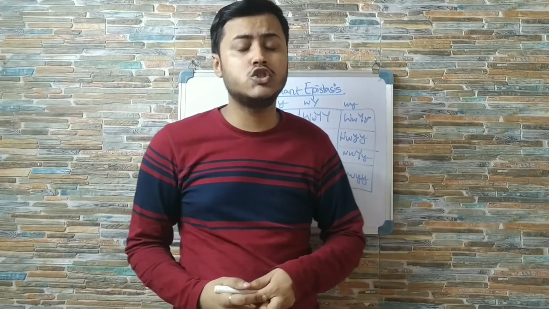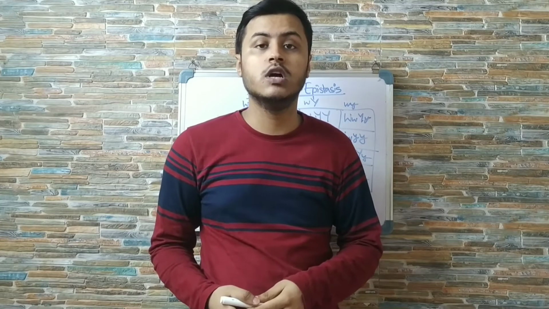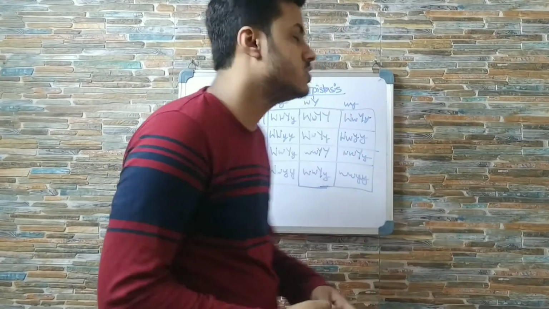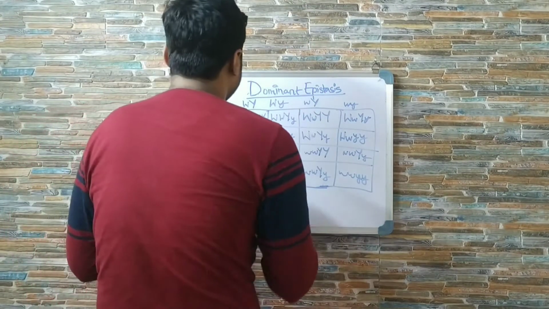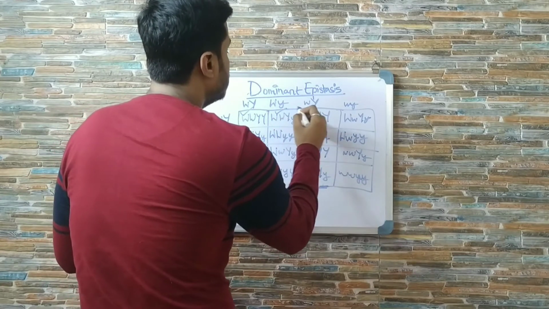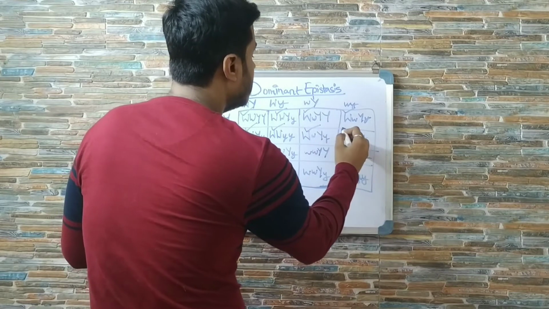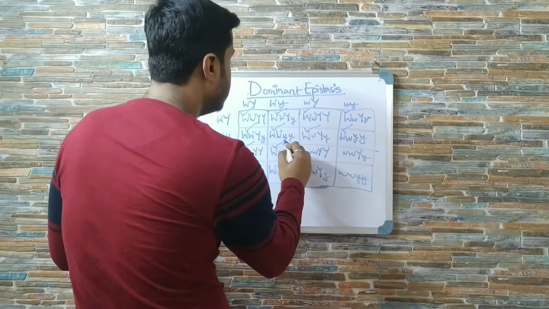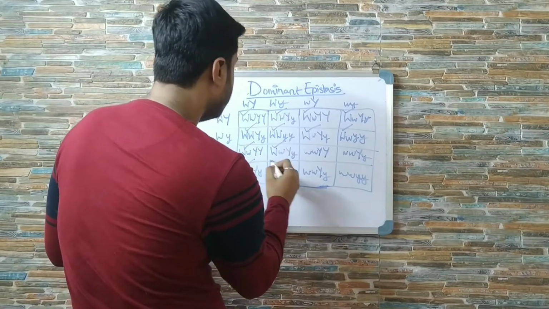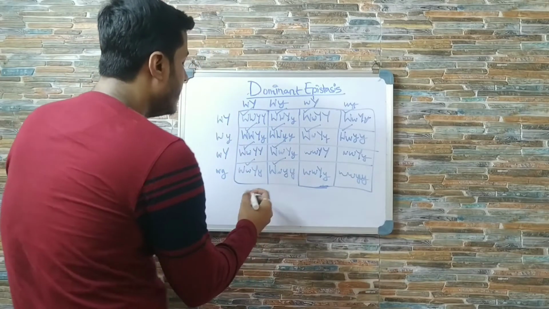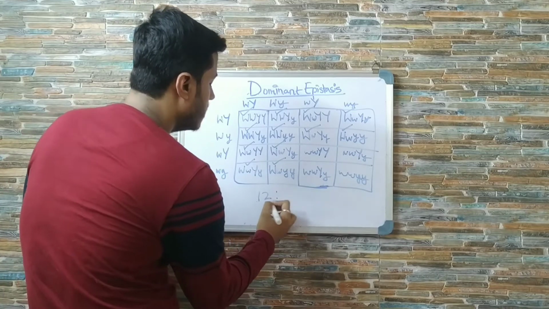Now, as I told you earlier, wherever there will be a capital W, it will mask the effect of other genes, that is, the color will be white. So let's see which ones will be white. 1, 2, 3, 4, 5, 6, 7, 8, 9, 10, okay, 11, 12. Now, all these 12 will be of white color.